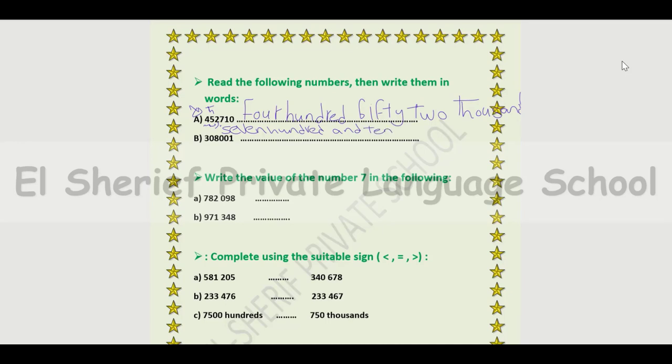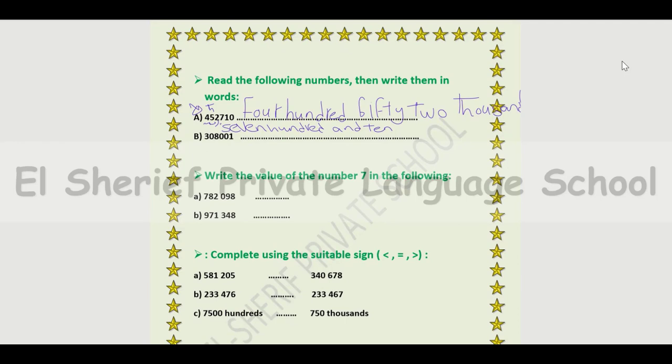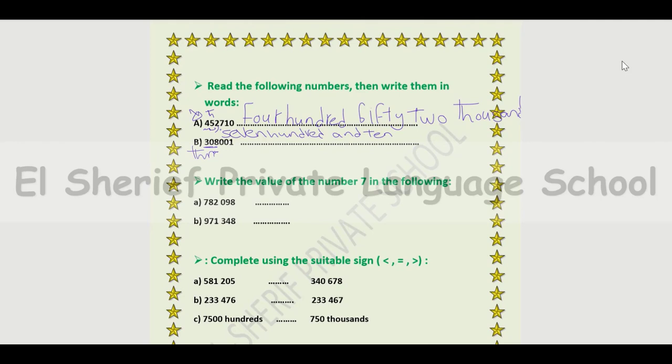Letter B. We have 308,001. So 300, 8. 308 in thousand family, so we must write thousand.